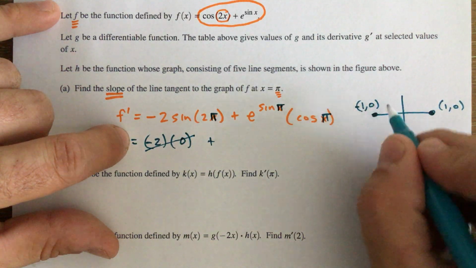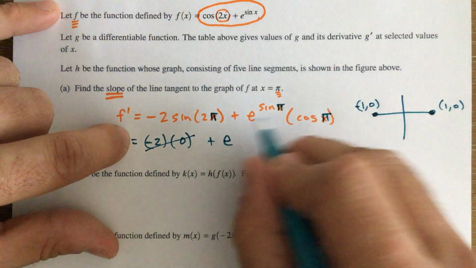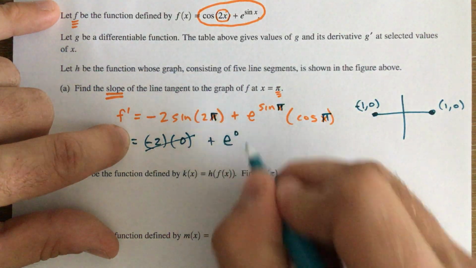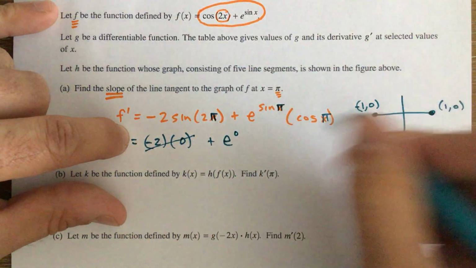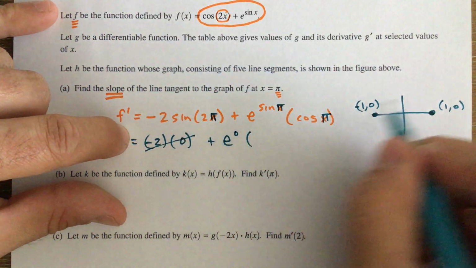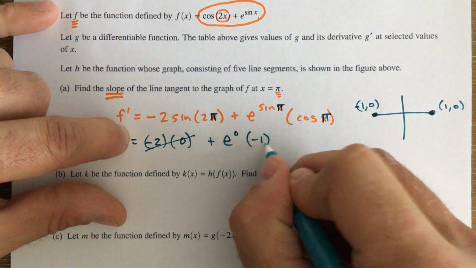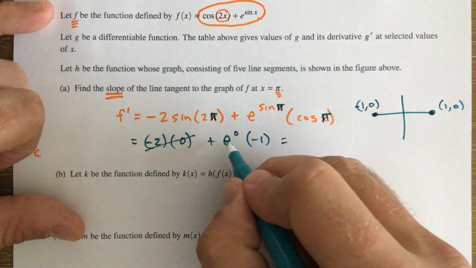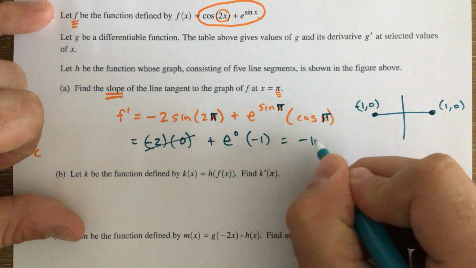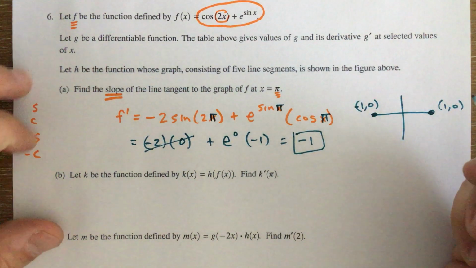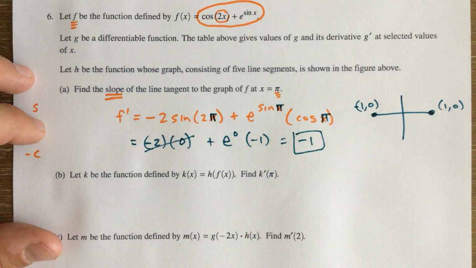And sine is 0, so we have e to the sine pi is e to the 0, which is going to be 1, times cosine pi. Cosine pi is here, cosine is negative 1. So in the long run, we have 1 times negative 1, which is negative 1. Done, okay?